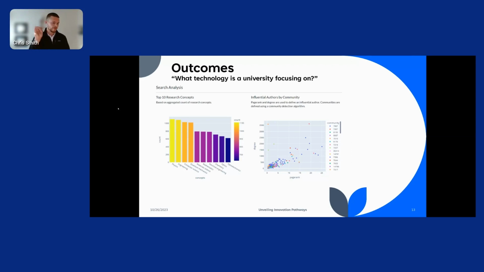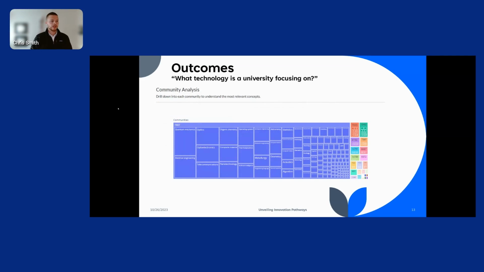We're also able to drill down into the communities these researchers are a part of, to see what research concepts are part of the communities as well. So let's take a look at that. The community analysis. Again, we're looking at the Louvain communities that we've generated on top of our graph, and then we can see some of the research topics inside of the communities, which is really interesting.